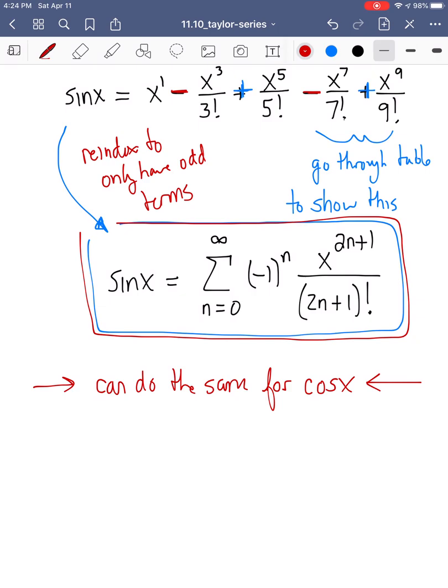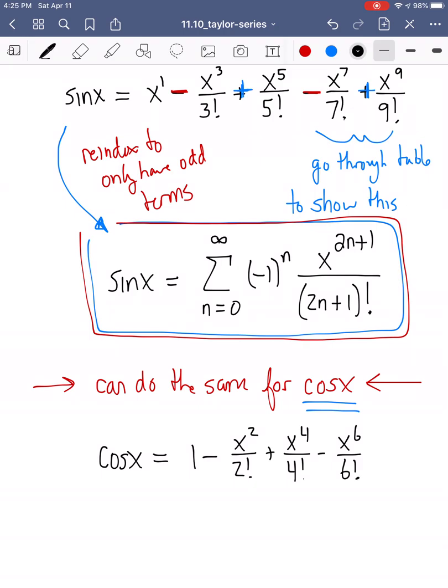You would do the same exact thing for cosine of x: set up a table, see which terms are there in the resulting series when we take all those derivatives and evaluate them at 0. And if you do that for cosine, what you realize is the series it corresponds to is 1 minus x squared over 2 factorial plus x to the 4th over 4 factorial minus x to the 6 over 6 factorial, and so on.